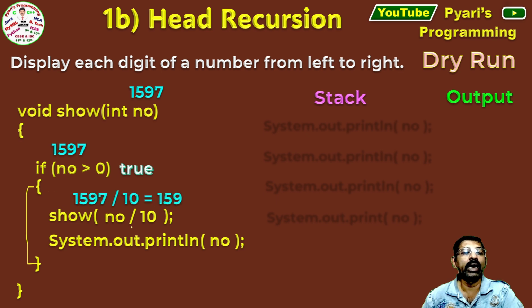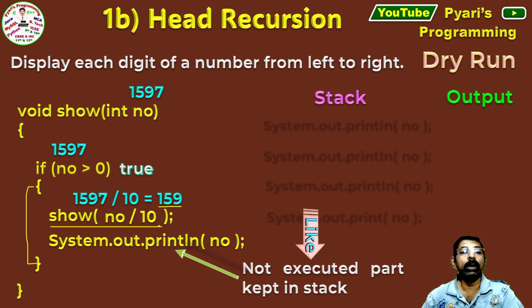That makes it 159, because the quotient is 159. But look at this, before transferring the control to the header of the method, it will store the pending statement, the statement which is not yet executed, in the stack.